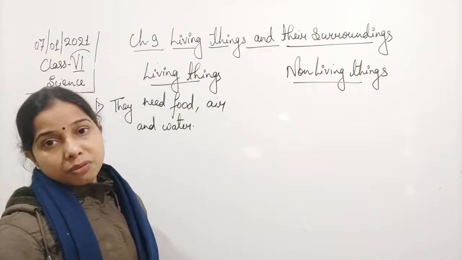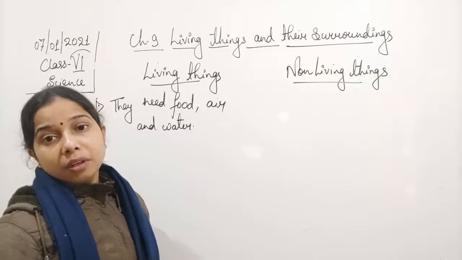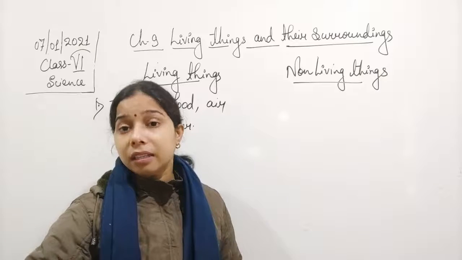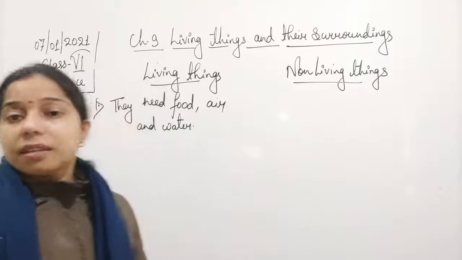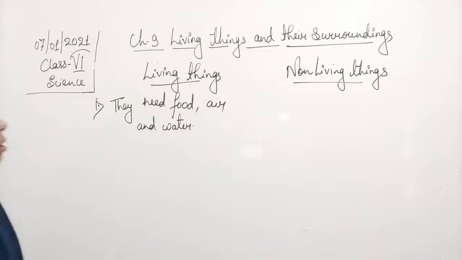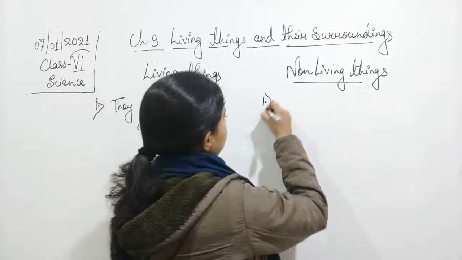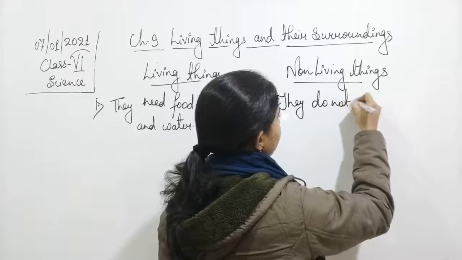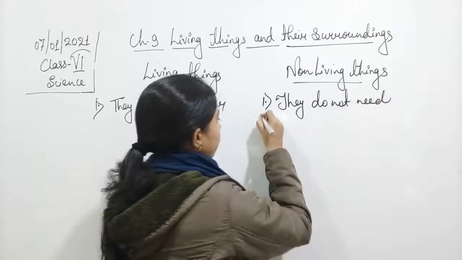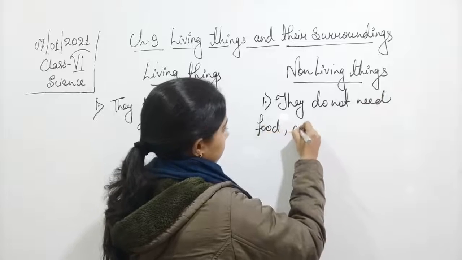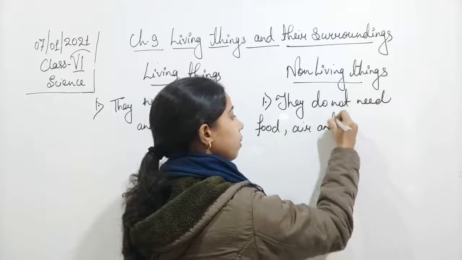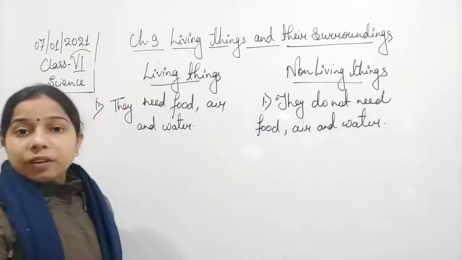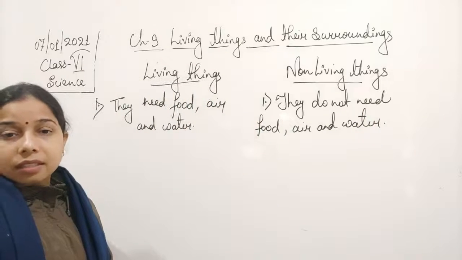What about a non-living thing? In case of a non-living thing, there is no such condition. So we can say that they do not need air or food or water for survival. So we can write it here. They do not need food, air and water. Okay, so for the survival of the non-living thing, it is not necessary that they need all these things.